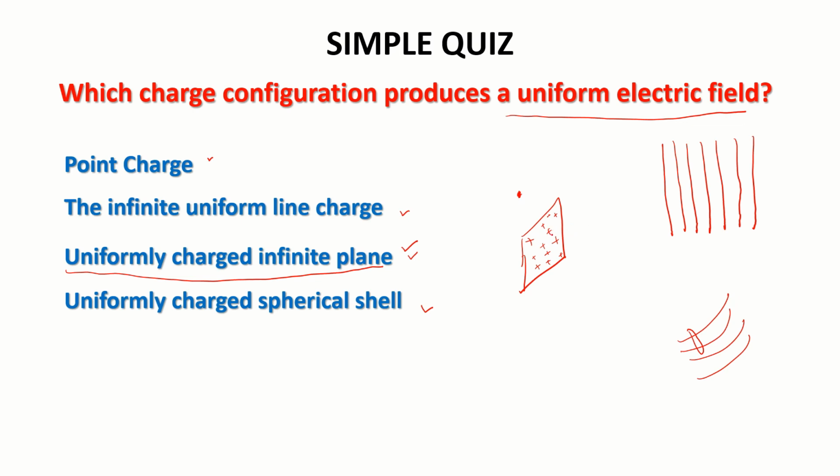That's very simple. The number of electric lines of force leaving the left side and the right side are the same, right? And if you consider any one side, left or right, all the lines will be parallel. So this is possible. In the third case, we can get the uniform electric field.